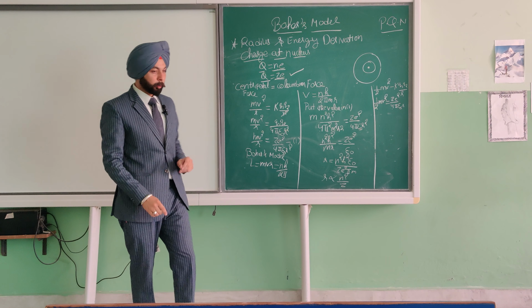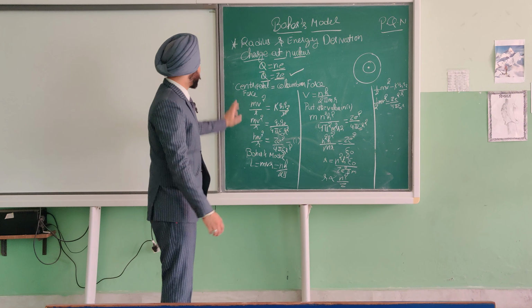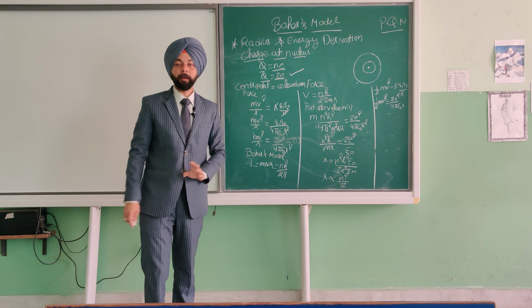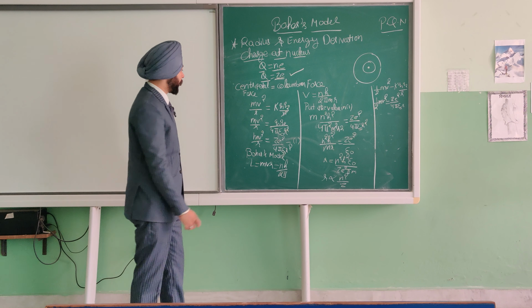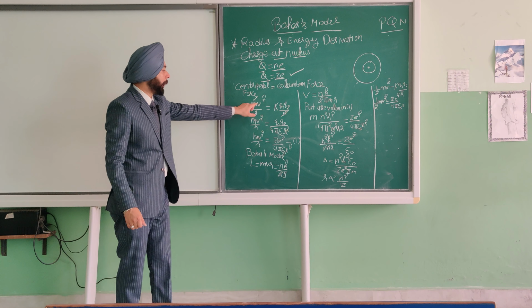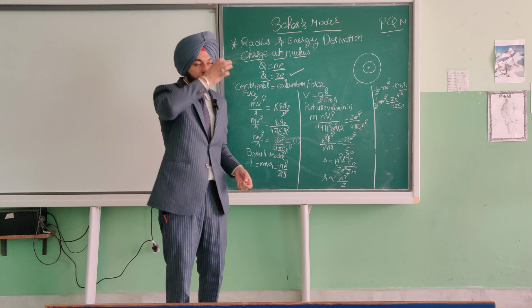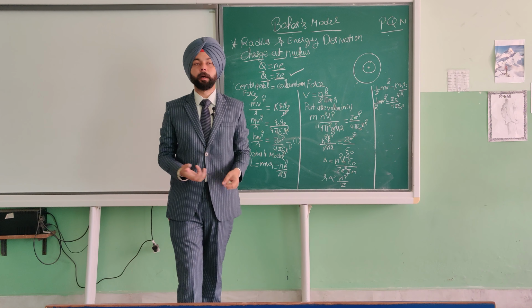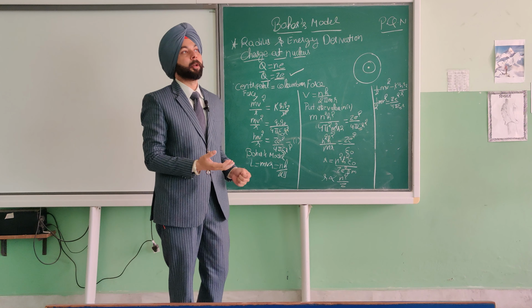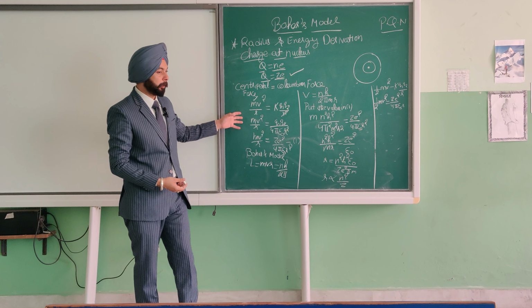Now according to the first hypothesis of the Bohr model, centripetal force is equal to the Coulombic force. If I talk about the centripetal force, we can write mv square upon r. In 11th grade, in Newton's laws of motion, you studied centripetal force and centrifugal force.